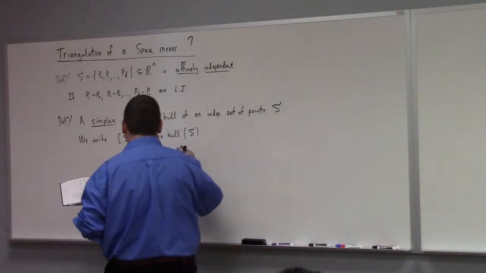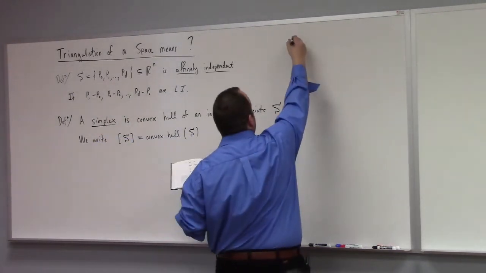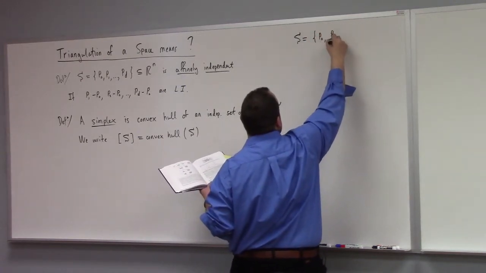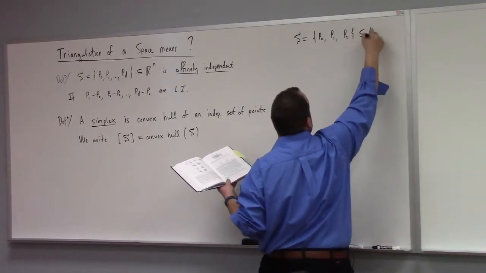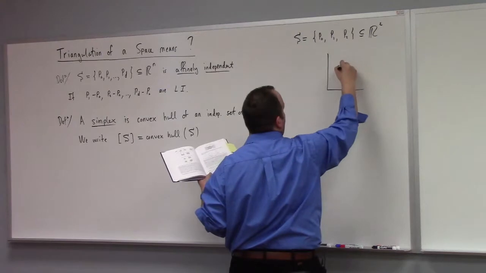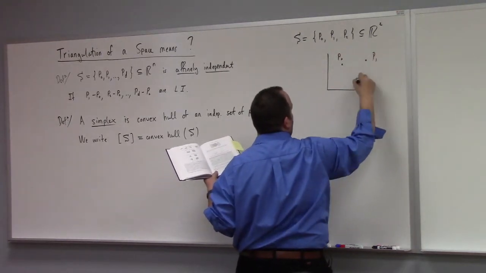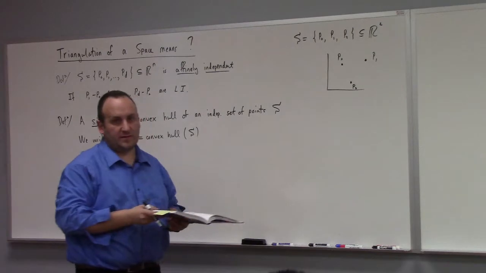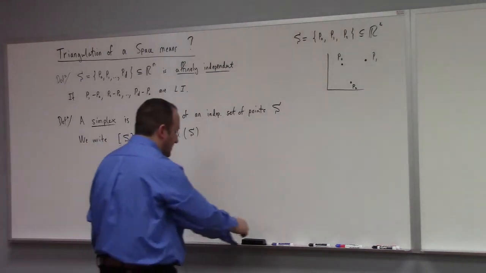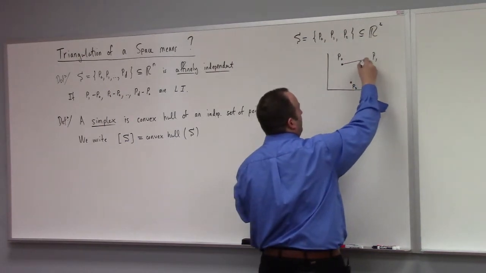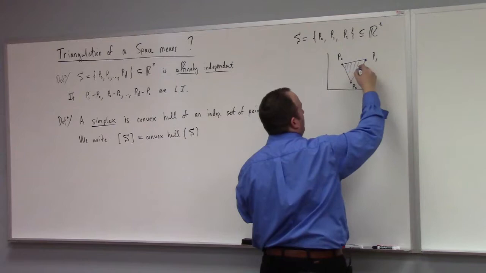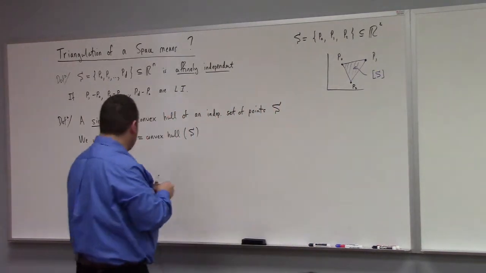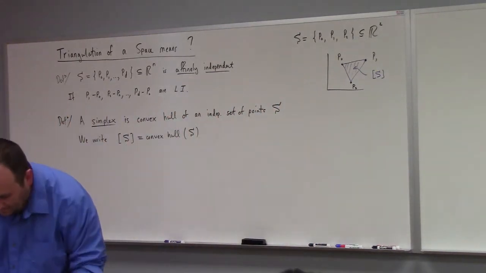Okay, just to demystify it, if S equals, say, P0, P1, P2 as pictured, here's my S, these three points, then the convex hull would be this. So, notation.